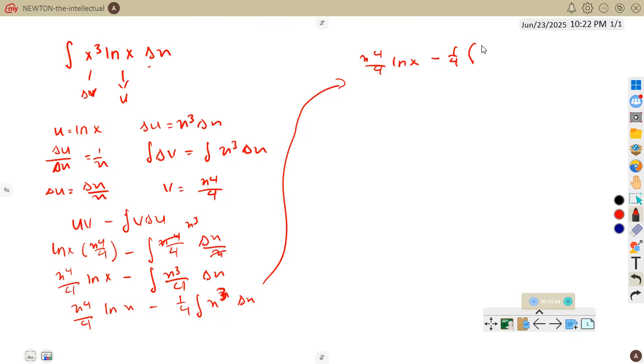The integral of x cubed is x to the power of 4 over 4. Then we have plus c. What is common between these two is x to the power of 4 over 4. So we have x to the power of 4 over 4 into the bracket of natural log of x minus 1 over 4, then everything plus c. So this is your final answer, depending on what you see in the options.